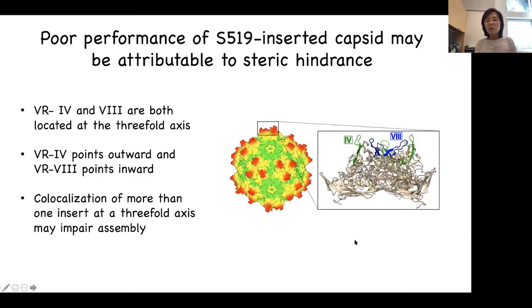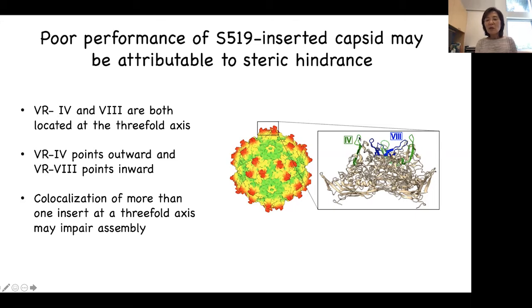Before we stopped this project, we gave it another thought. Maybe we were wrong that, even though loop 4 and loop 8 seem to be hanging in the air, if you put in a 36 amino acid peptide, they would all be expressed like this without any problem.